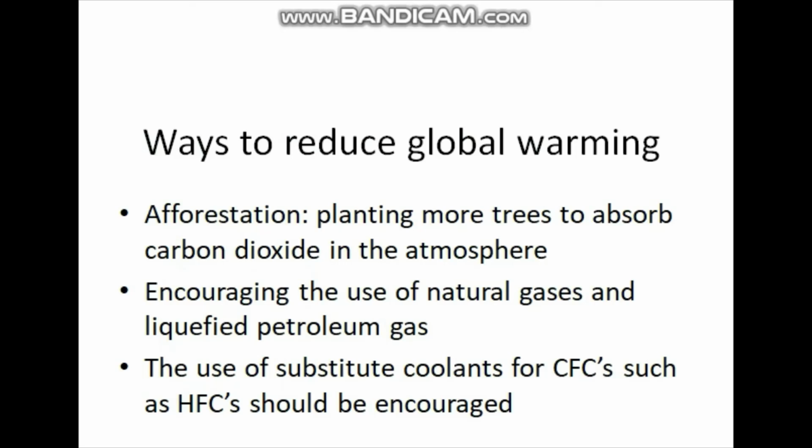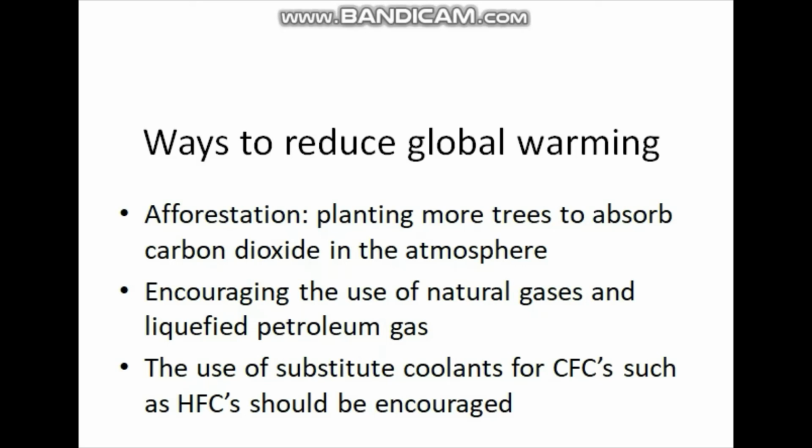The use of substitute coolants for the chlorofluorocarbons such as HFCs should also be encouraged. So we need to use hydrofluorocarbons to be able to overcome the effects of the chlorofluorocarbons, which cause damage to the ozone layer.